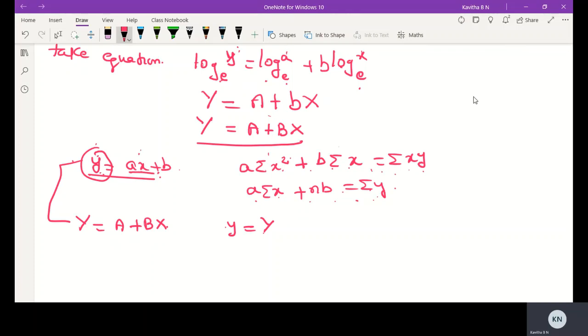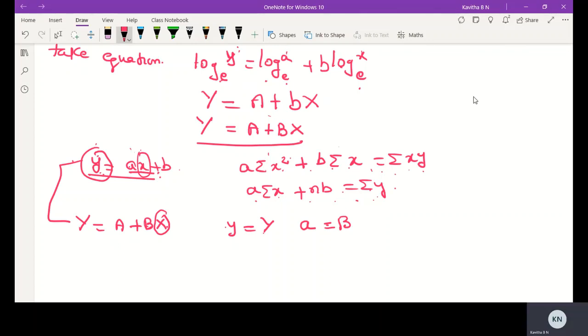The coefficient of x to the power of 1 is a here, and the coefficient of capital X is capital B. So in place of small a, substitute capital B.